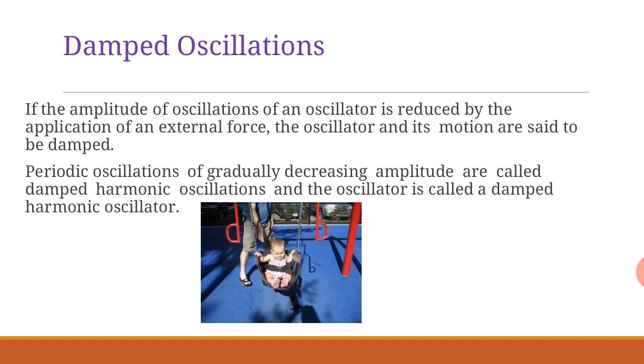Periodic oscillations of gradually decreasing amplitude are called damped harmonic oscillations, and the oscillator is called a damped harmonic oscillator. I hope you understood this damped oscillation. It is a very easy concept.